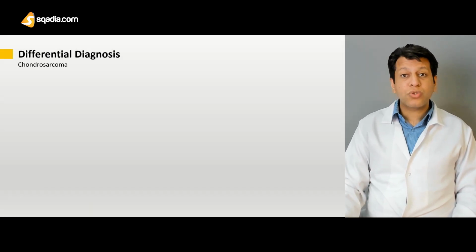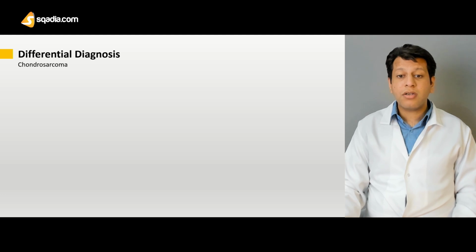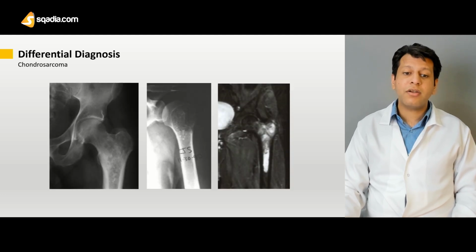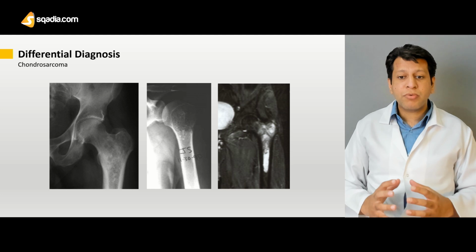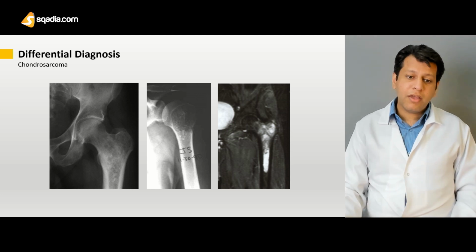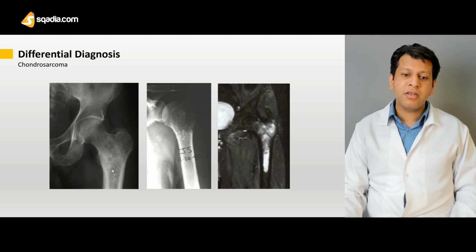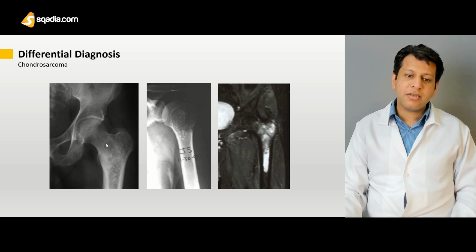Next is chondrosarcoma, which is very important and has to be differentiated from the synovial chondromatosis of the hip joint. If you see it here, you can appreciate there is this hazy appearance and multiple whitish things can be seen over here. This is actually a blastic lesion and it's involving around the hip joint.